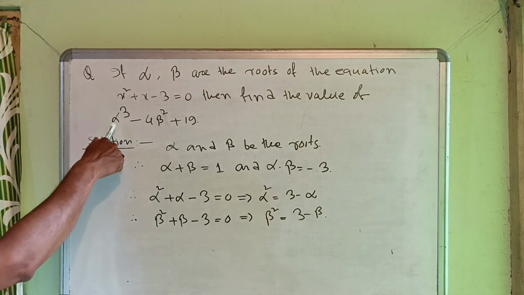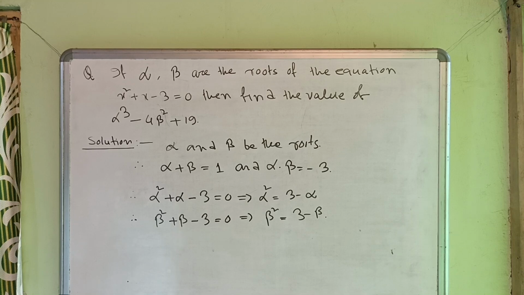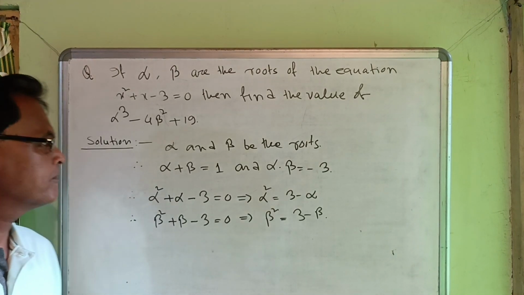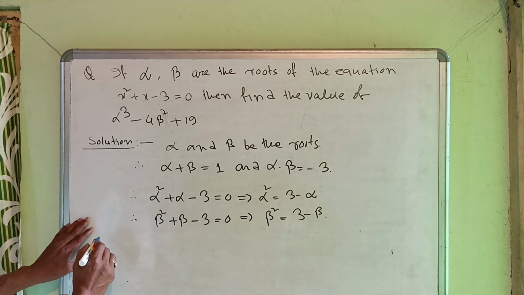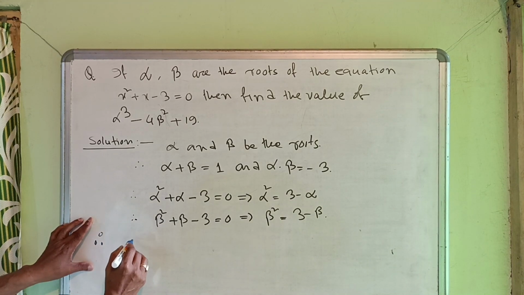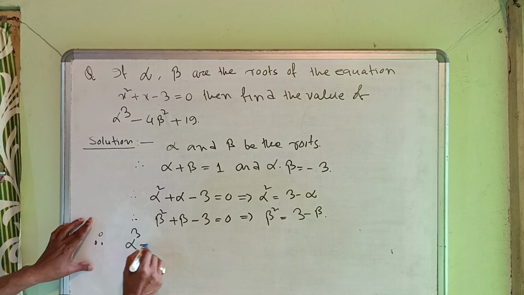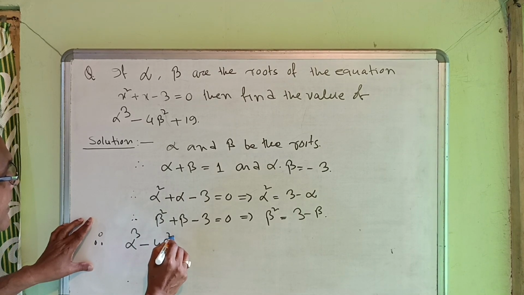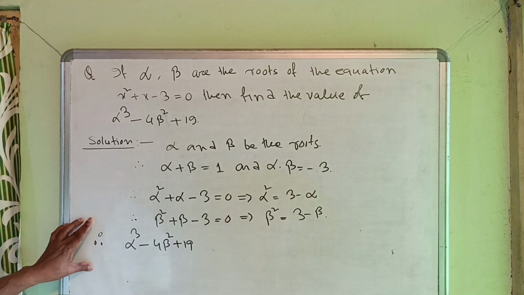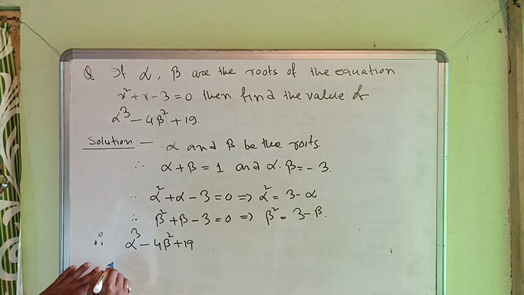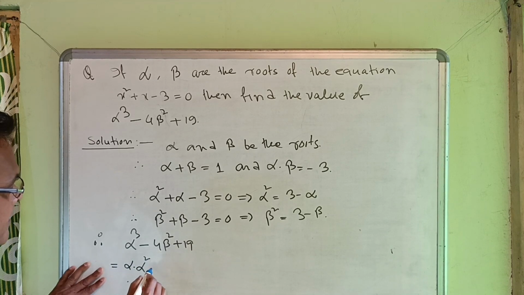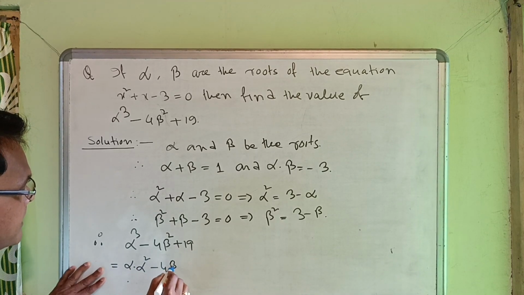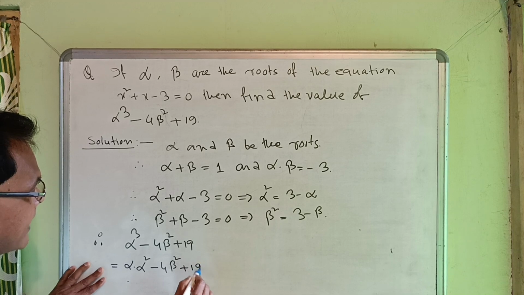Now we have to find alpha cube minus 4 beta square plus 90. Therefore, we write alpha cube minus 4 beta square plus 90 is equal to alpha into alpha square minus 4 beta square plus 90.